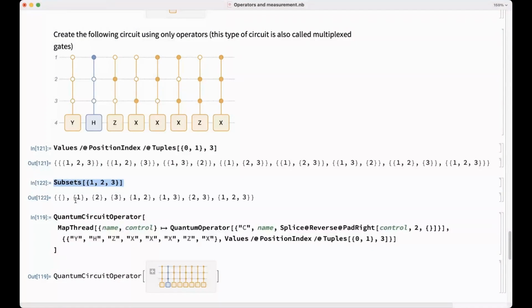This corresponds to control 1, right? No, these are control zeros. Oh, look at control, yes, these are control ones. You are right. Now with the complement it is much easier to create that.